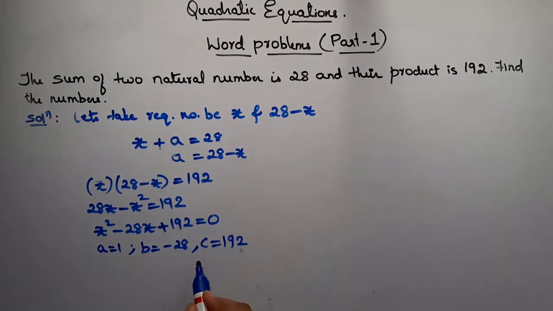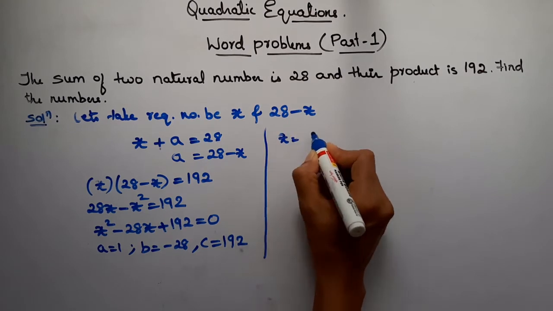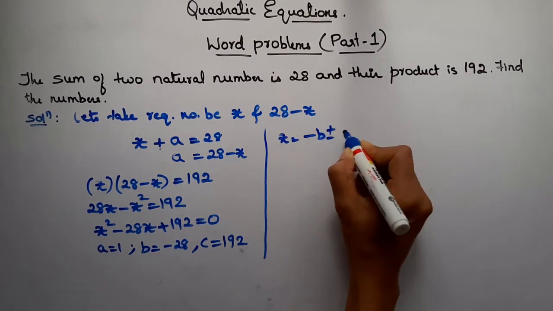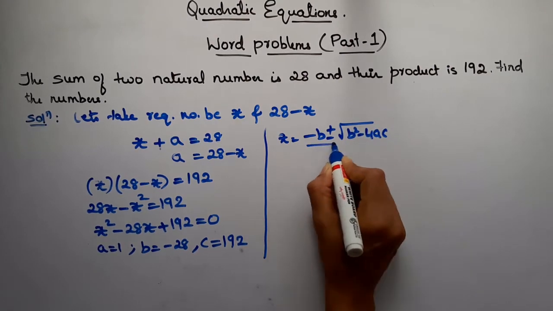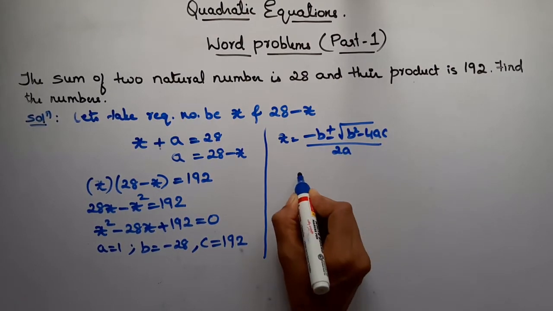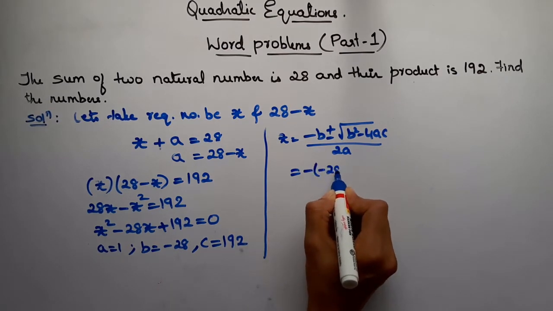Now let's put the formula to find the roots of this quadratic equation. x is equal to minus b plus or minus square root of b square minus 4ac, divided by 2a, right? So here minus b is minus of minus 28.